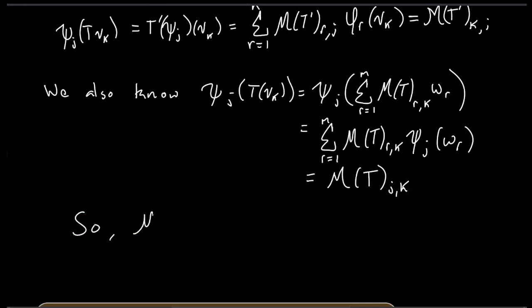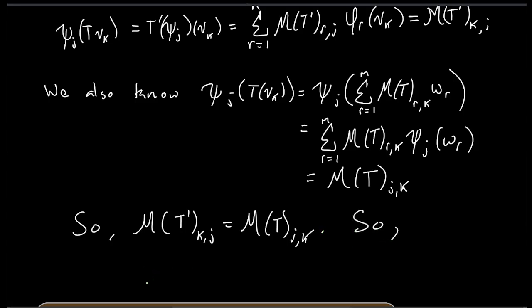So the matrix of T prime, kj, is equal to the matrix of T, jk. The kjth entry of one is equal to the jkth entry of the other. Oh, transpose.